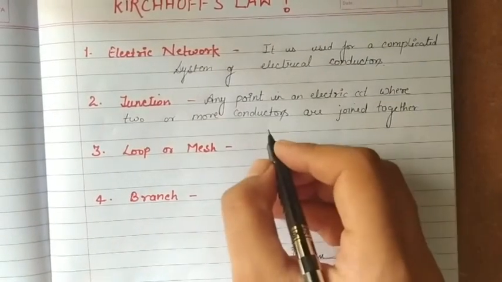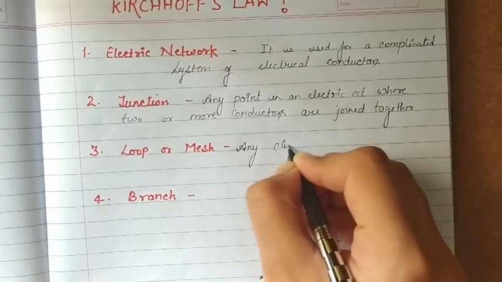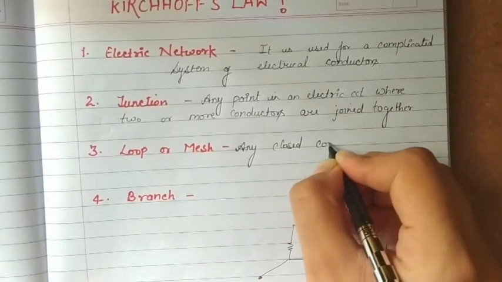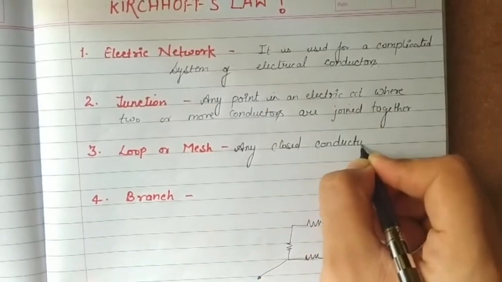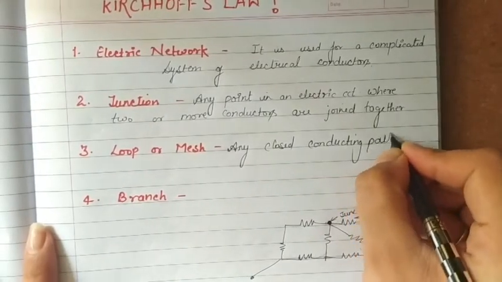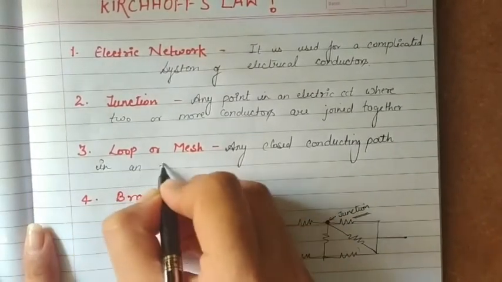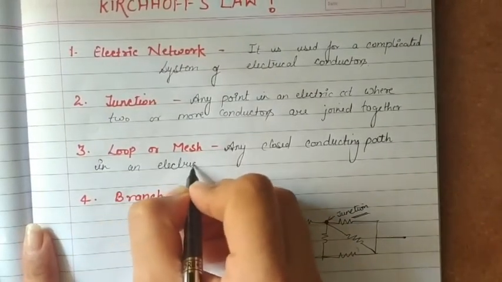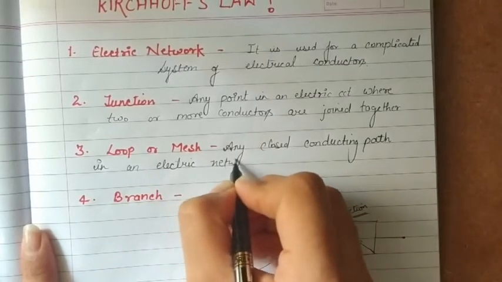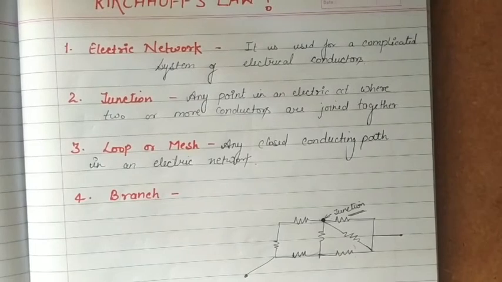So what we can write, a loop or a mesh is any closed conducting path in an electric network, right?